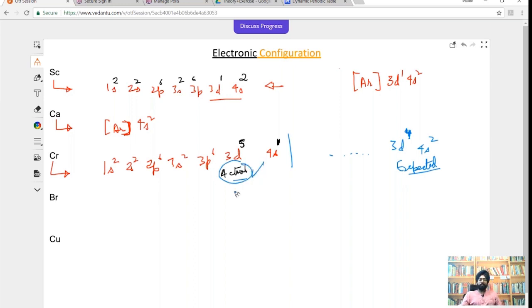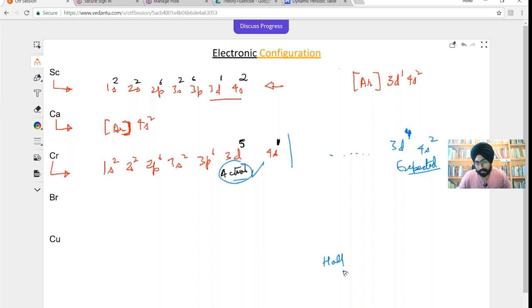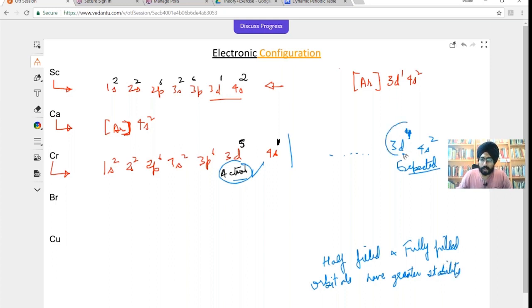Now there is a reason behind it, and that reason, in very layman terms, says that half filled and fully filled orbitals have greater stability. In this case you have a 3d4, which is not half filled, not fully filled, and a 4s2 which is fully filled.